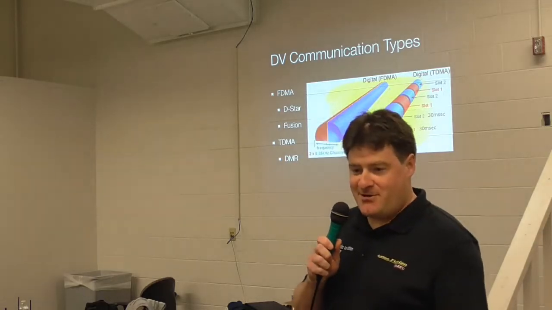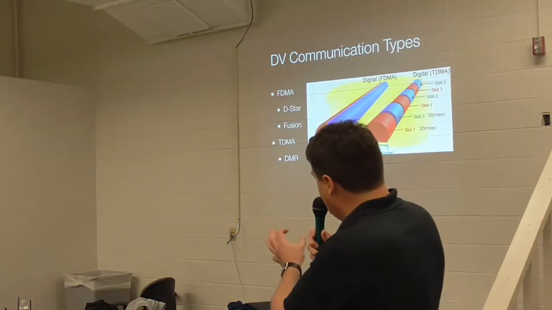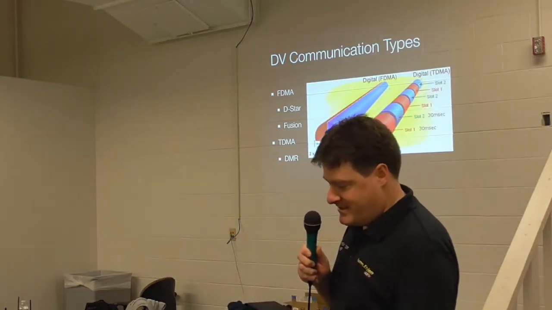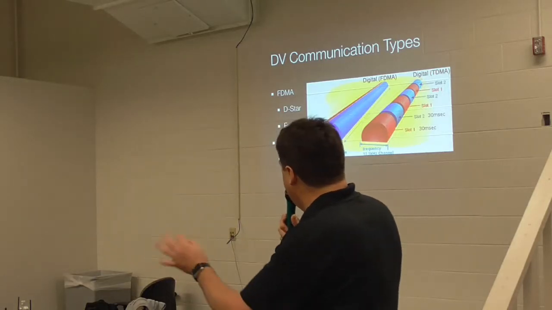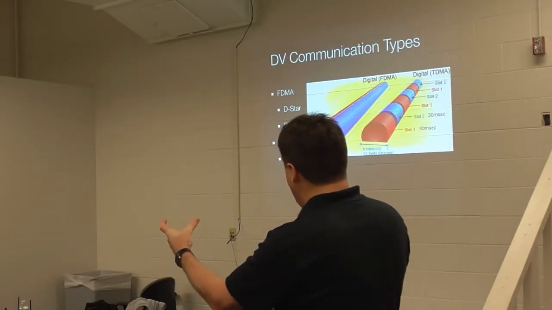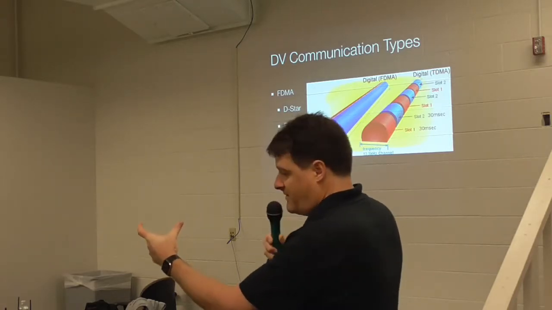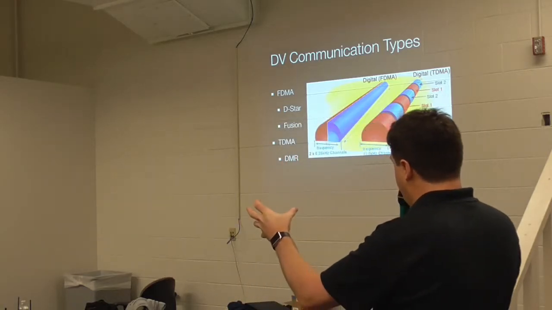Let's say you've got a D-Star repeater on 440, you're using one of those, either the red chunk or the blue chunk, whatever it is. But essentially, it's one of the 2 6.25 kilohertz channels. Fusion uses both, essentially 12.5 kilohertz. Fusion uses the whole chunk of 12.5 kilohertz.